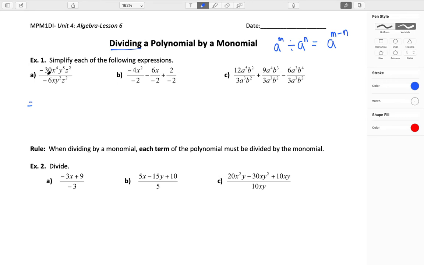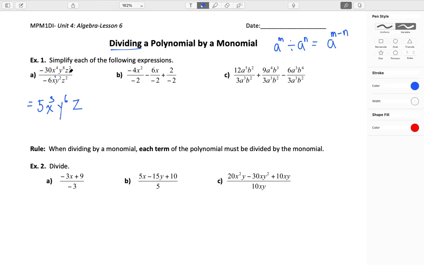So let's do the numbers first. It's negative 30 divided by negative 6. It's 5. And then x^4 divided by x^1, there's an invisible 1. It's x^(4 minus 1), which is 3. And for y, we have the same base, it's dividing, so it's going to be exponent 8 minus 2, which is 6.